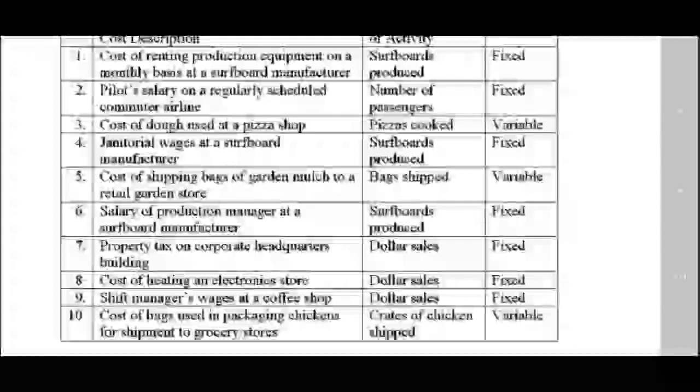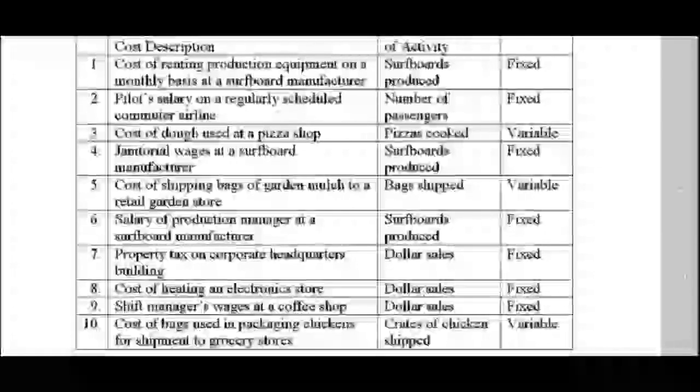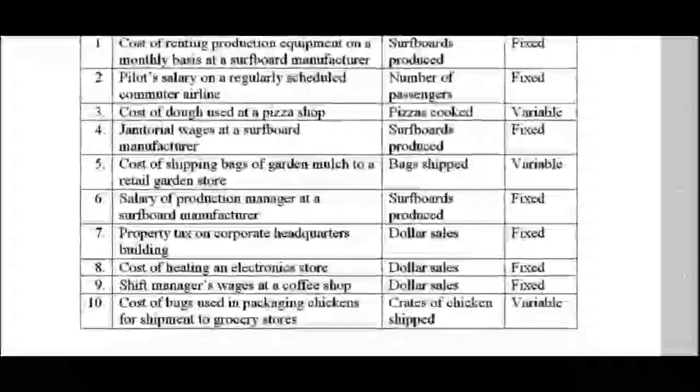The unit of measure is the bags shipped. So it is a variable cost, because you ship one bag, you pay this much. You ship 2 bags, the cost becomes higher. You ship 10 bags, the cost becomes even more than for 2 bags. So it is a variable cost.